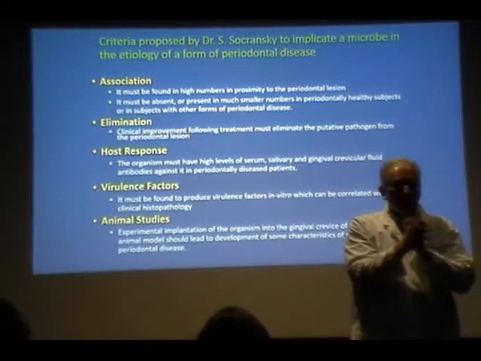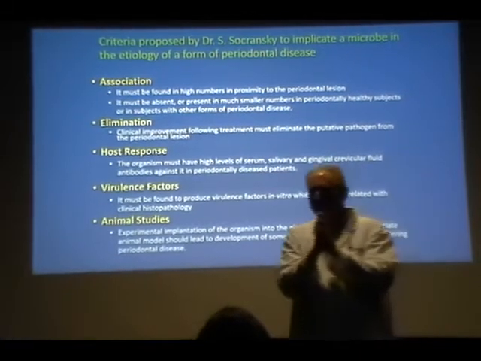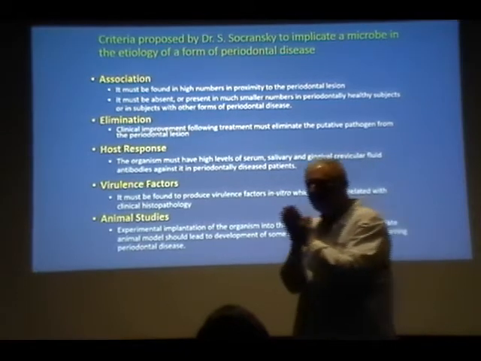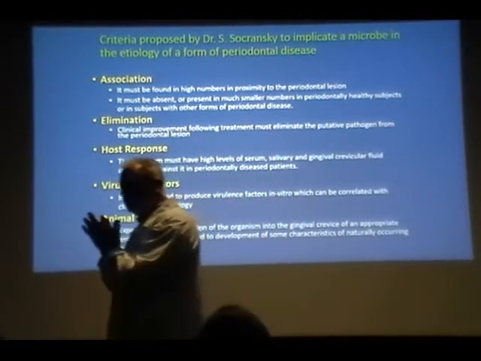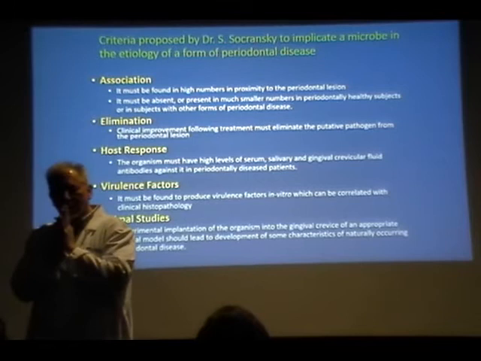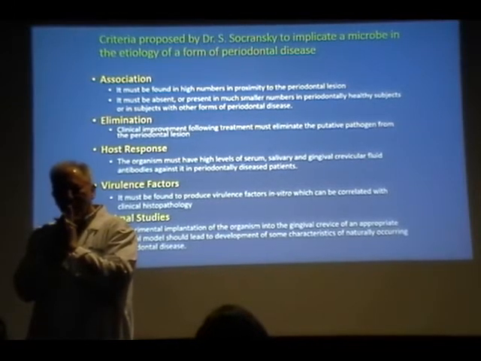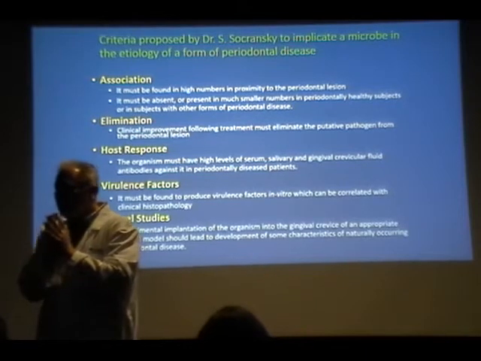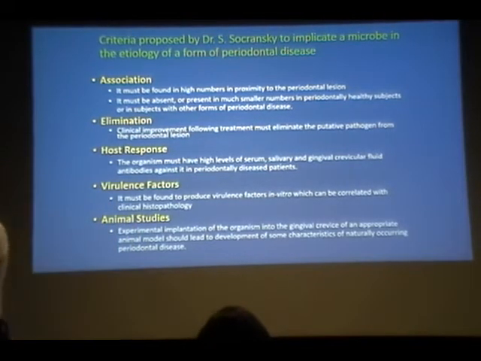Now, why do you think the ligatures were put in? In order to get periodontal disease, what do you first have to have? Yeah, but what's that called in a sense? Inflammation. What sort of preliminary inflammation is it?